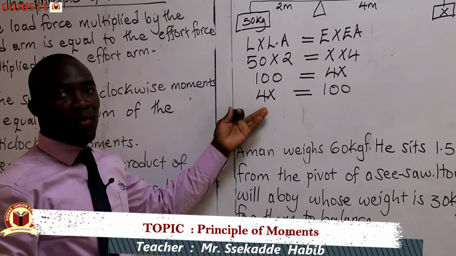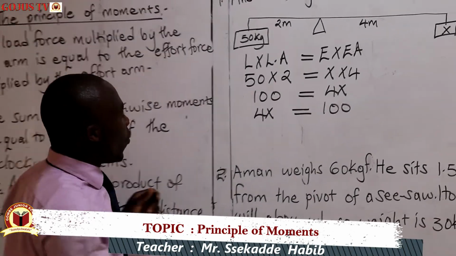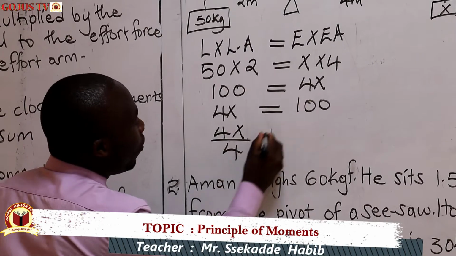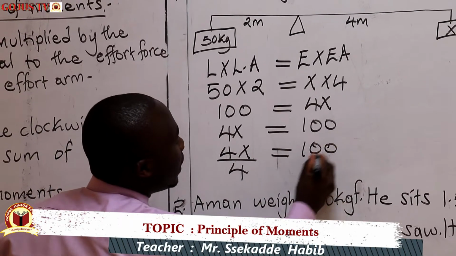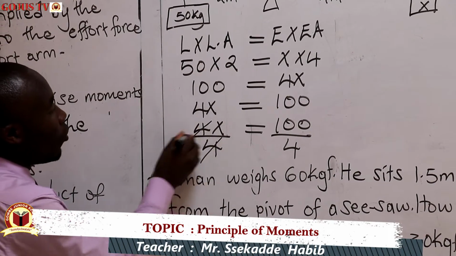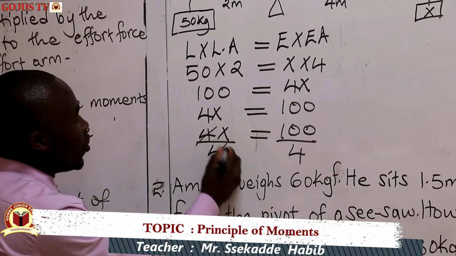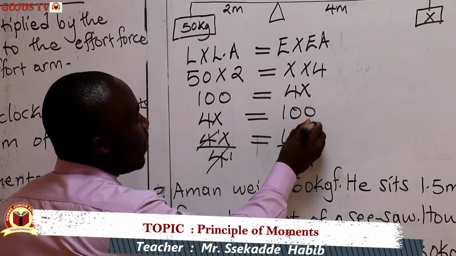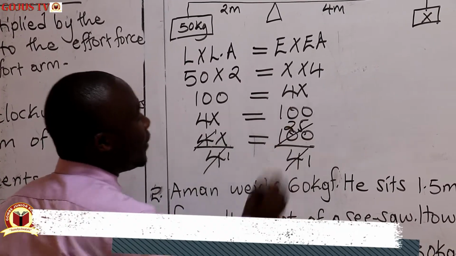At this step we divide: 4x out of 4 will be equal to 100 out of 4. This 4 will cross out with that, and they will give us 1. And then 100 divided by 4 gives 25.